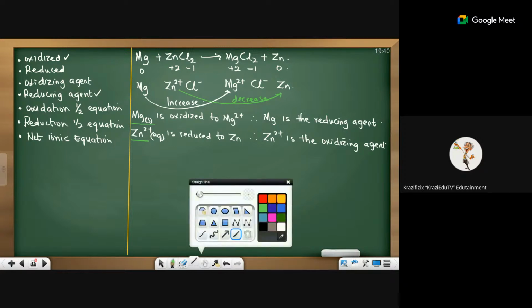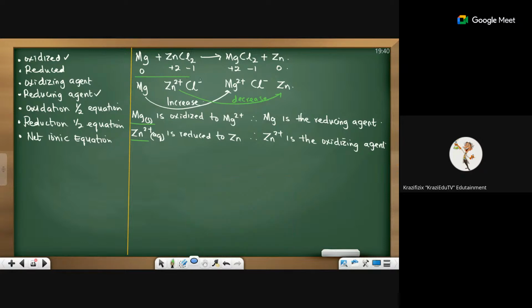Check again. My answers are here on the left-hand side. Mg on the left, zinc 2 plus on the left. Mg is oxidized, zinc 2 plus is reduced based on the oxidation what? Numbers. I am now done with the first 4.